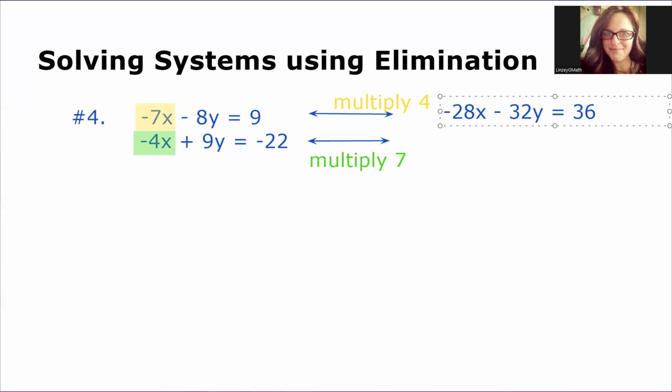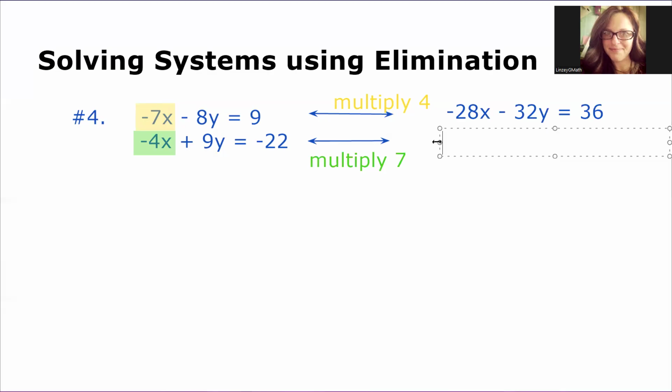Remember to multiply both sides of the equation. And the second equation, negative 4x times 7, we get negative 28x. There we go, negative 28x, negative 28x, those will eliminate. We'll finish multiplying by 7, 9 times 7, and negative 22 times 7. Numbers are getting big. You can always use a calculator.